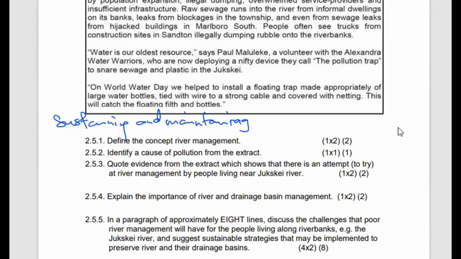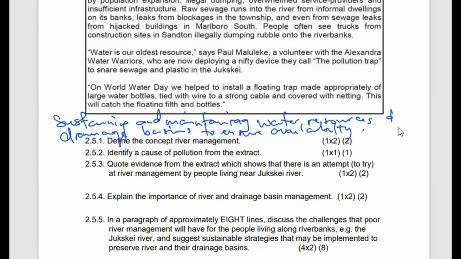water resources and drainage basins to ensure availability of clean, safe water.